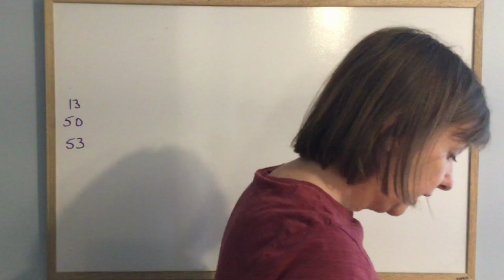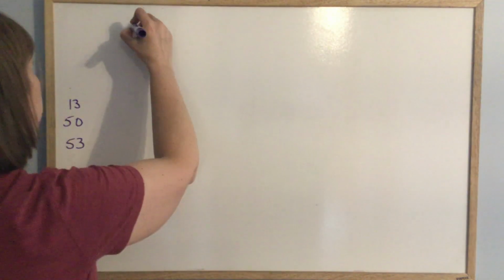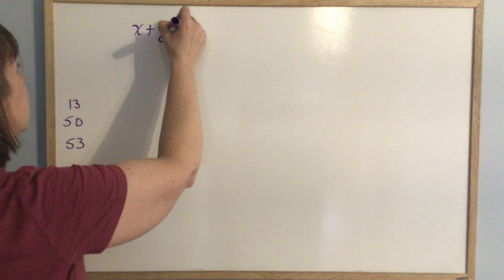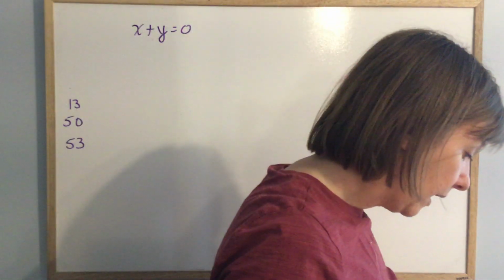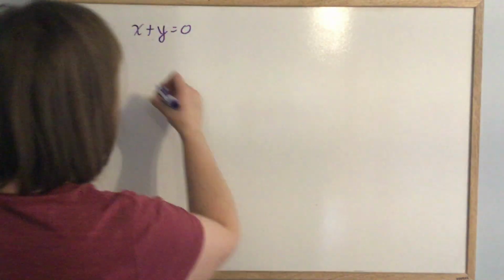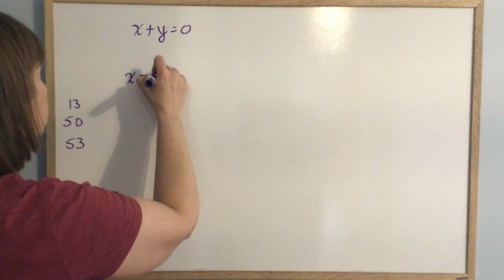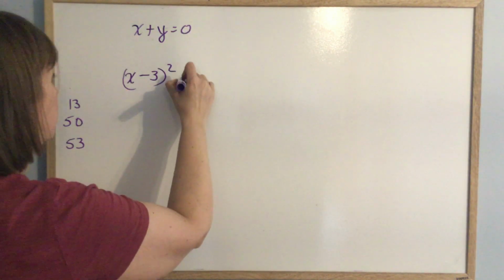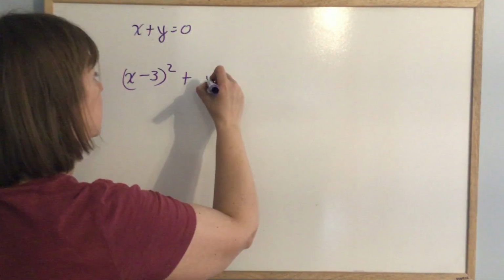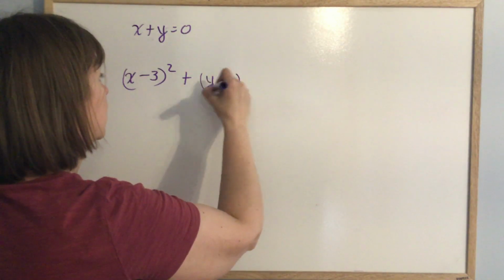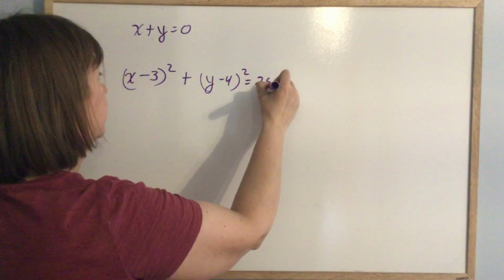13 says x plus y equals 0, and x minus 3 squared plus y minus 4 squared equals 25.